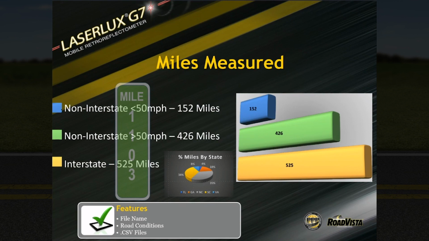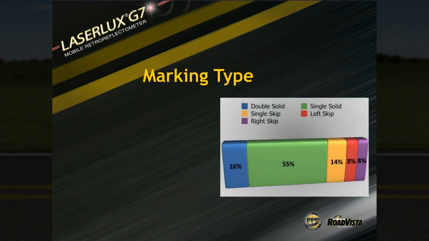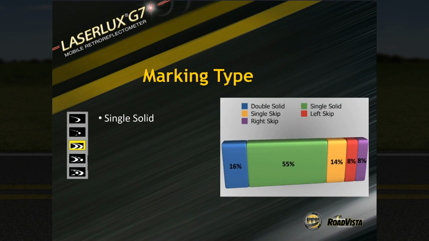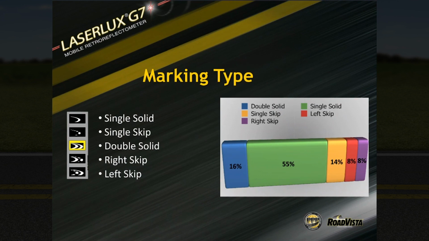And of course, you're going to see throughout that the CSV file is listed on just about every one of these, because that's where we're getting this data from. Marking type. This is what they call stripe type on the panel, and so we had single solid, single skip, double solid, right skip, left skip, and so forth. You can see that the vast majority of our markings measured was single solid, and there are 2 reasons for that. One was the interstate. All we measured was yellow center line, so all these numbers are based on yellow center line.